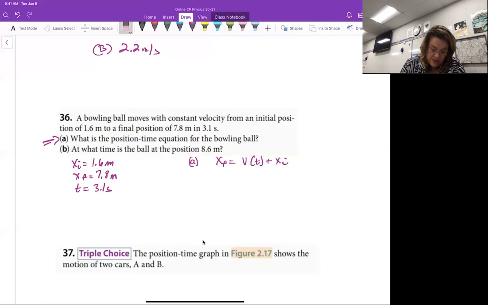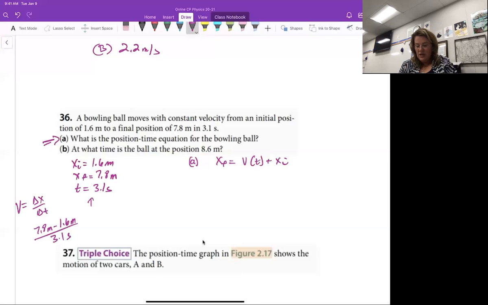They didn't give it to me, but they gave me enough information to calculate it, because my definition of velocity is change in position over change in time. So what is the change in position? The change in position is 7.8 meters minus 1.6 meters, divided by 3.1 seconds.